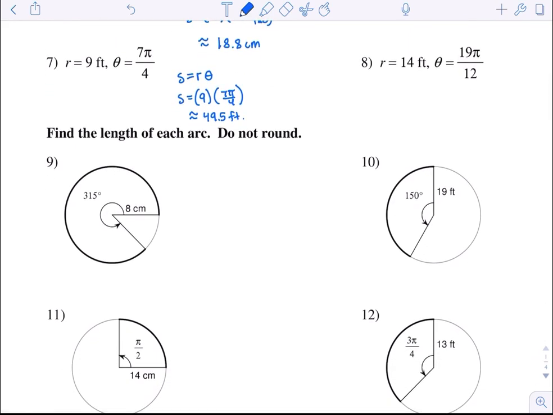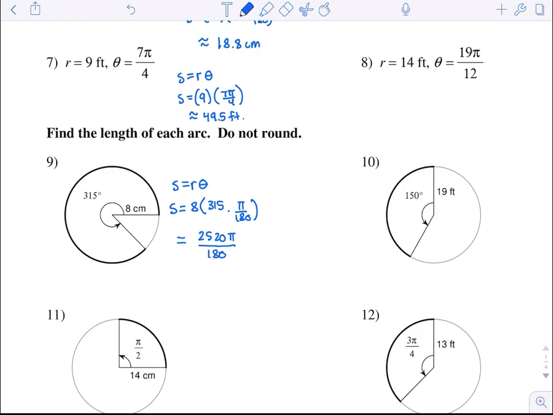Okay, so this one, it says do not round. So that means we need to just keep it and simplify the fraction. So S is equal to R times theta. S is equal to the radius, which is 8. And your theta is going to be 315 times pi over 180. So now we need to simplify this. So let's do 315 times 8, which is 2,520 pi all over 180.